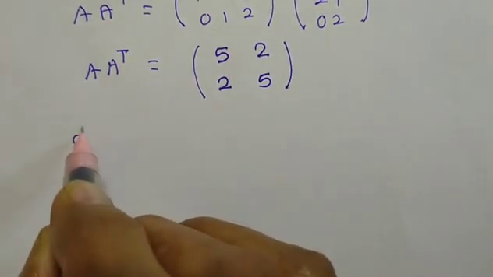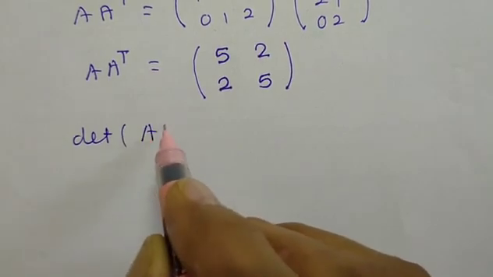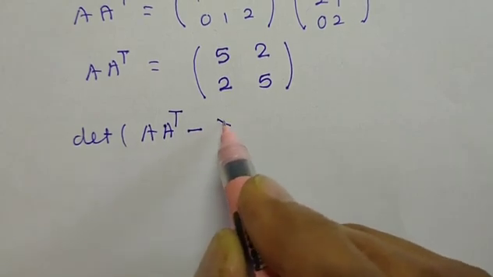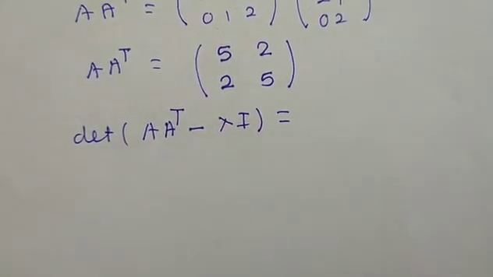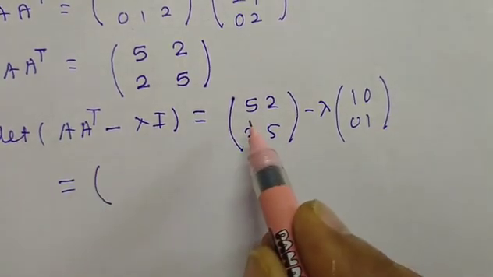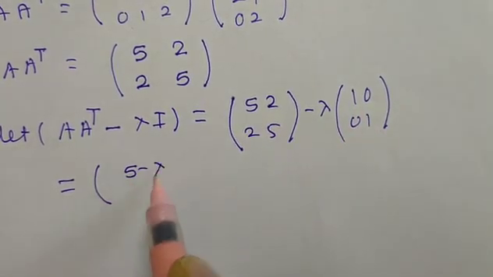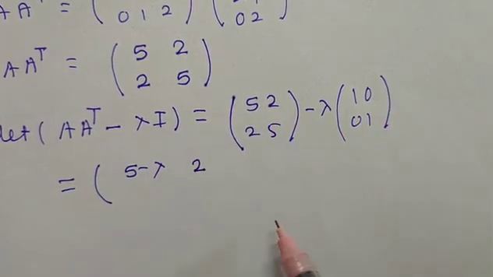That is determinant of A into A transpose minus lambda I. Okay, this matrix. So that will give you 5 minus lambda, 2 minus 0, that is 2.